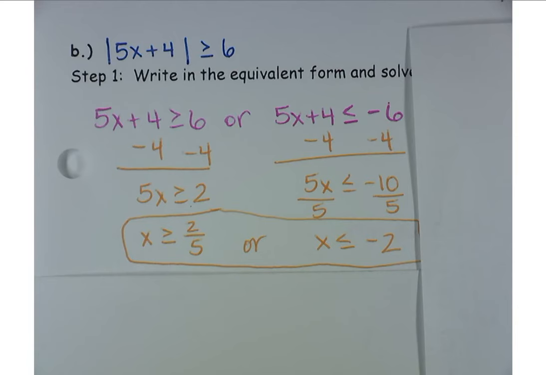So now we have to write that in interval notation. That's a little bit trickier than the last one. So I want you to think about what would be your lowest point and your highest point. So this one is x is greater than or equal to 2/5. Is this going to infinity or negative infinity?